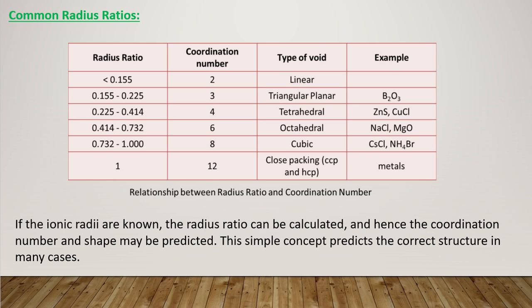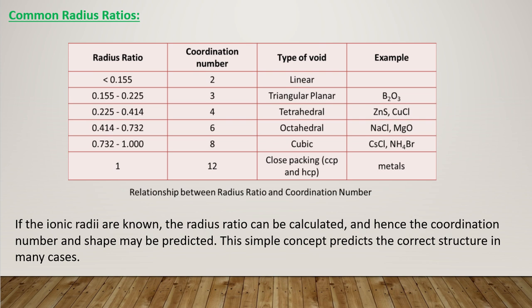Then if the radius ratio is between 0.225 and 0.414, the coordination number will be 4 and the geometry of the molecule will be tetrahedral or square planar. Examples are zinc sulfide and copper chloride.